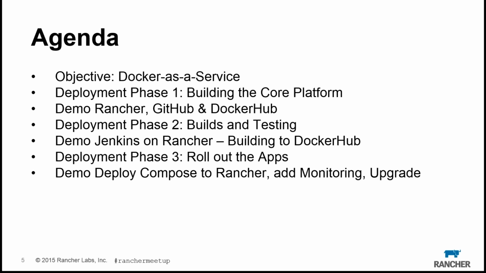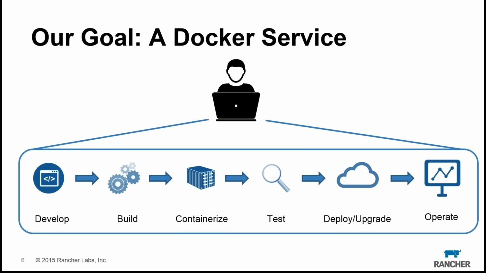He'll then be using Jenkins and spinning up some builds and running some tests and showing how we actually deploy against the platform once it's in place, how teams work on things, and then we'll be rolling things into production and showing the difference between test and build and production and how you might think about things like monitoring and upgrade.